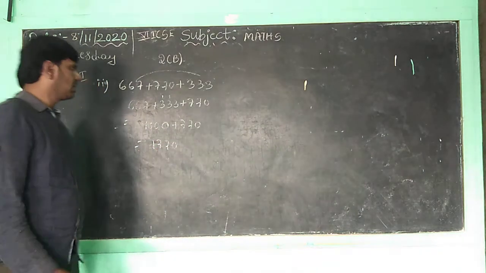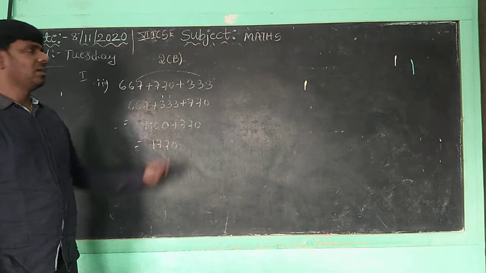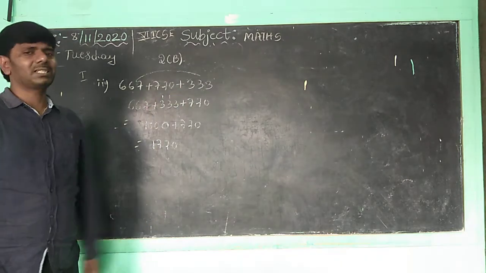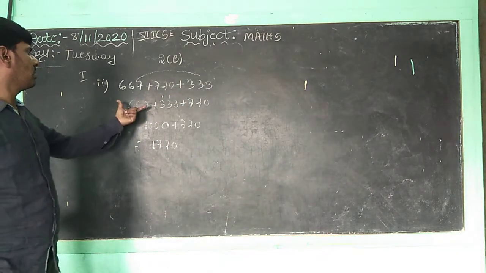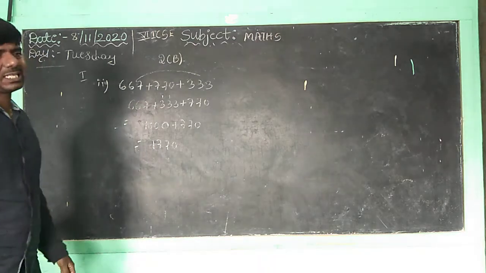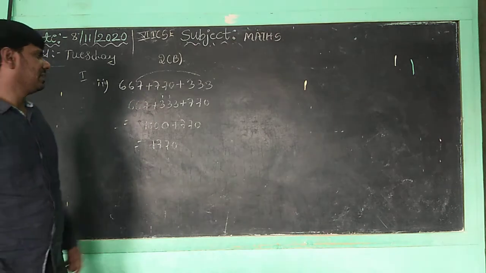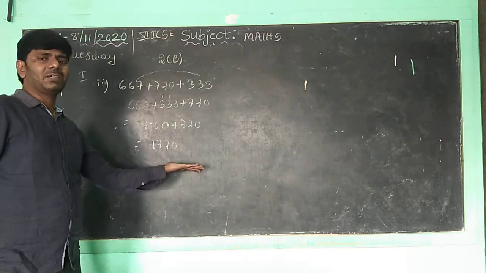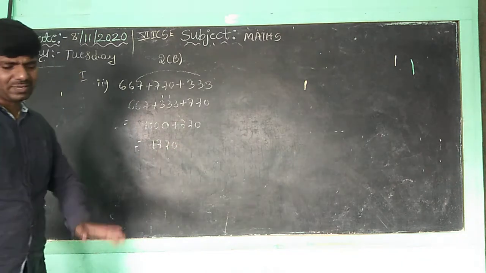See, children, here 667 plus 770 plus 333. First, these two numbers you can add. 667 plus 333 is 1000. 1000 plus 770 is 1770.